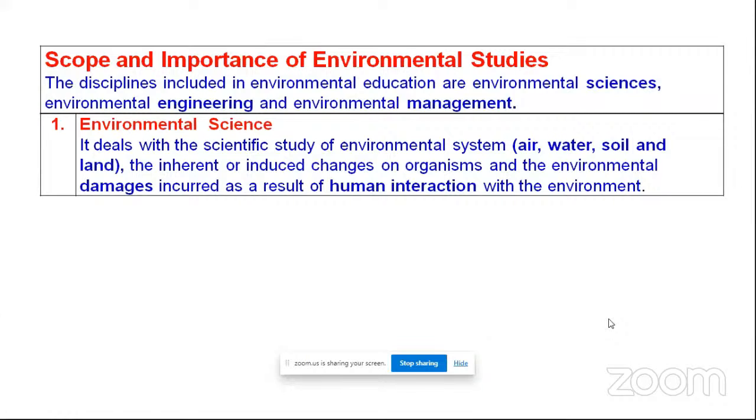So the inherent and induced changes on organisms are also studied in environmental science. The other important thing that we concentrate on in environmental science is the damages that result from human intervention, that is, human-created problems on the earth for his economic sustenance.